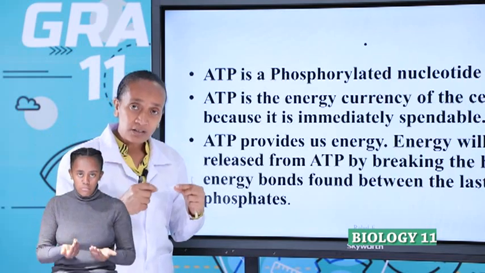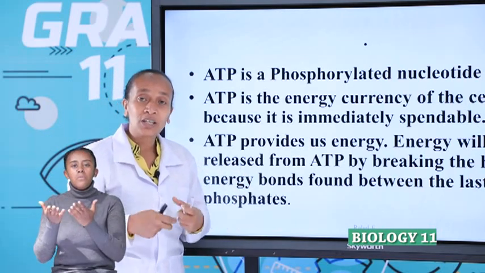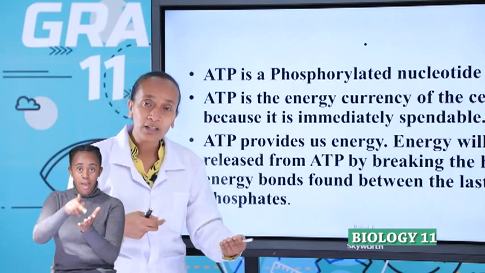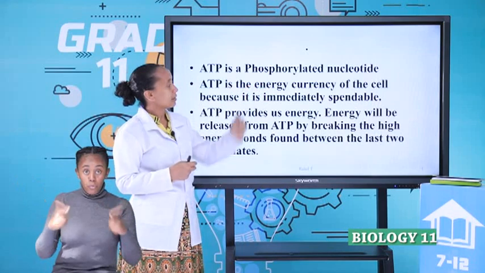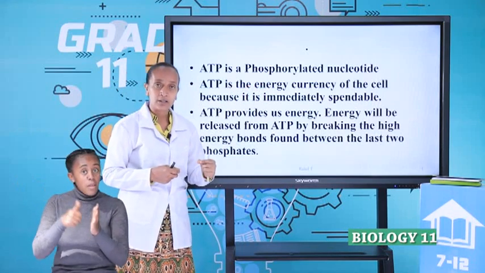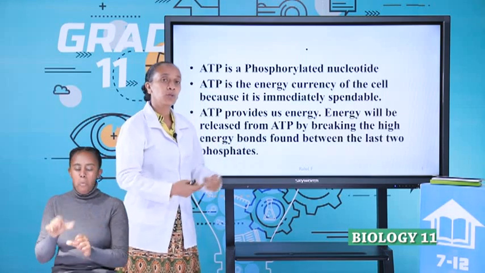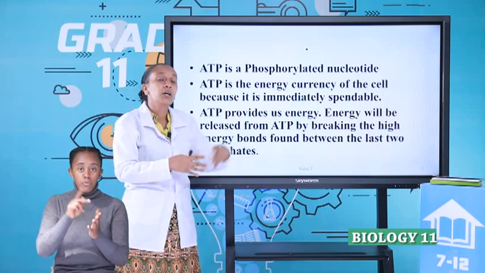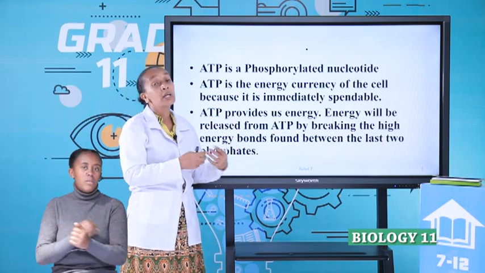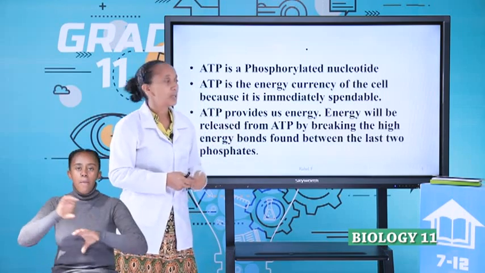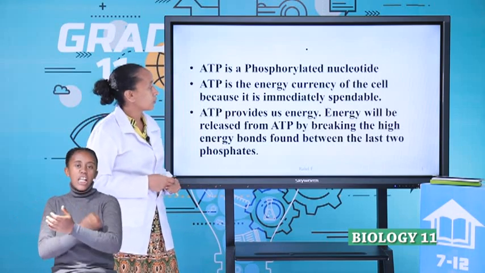In time of need, when you need to pay, you immediately pay from your pocket rather than from the bank. That's why ATP is known as energy currency. Cells immediately use ATP for metabolic processes rather than using stored energy in the form of chemical compounds. For that reason, ATP is known as the energy currency of the cell.